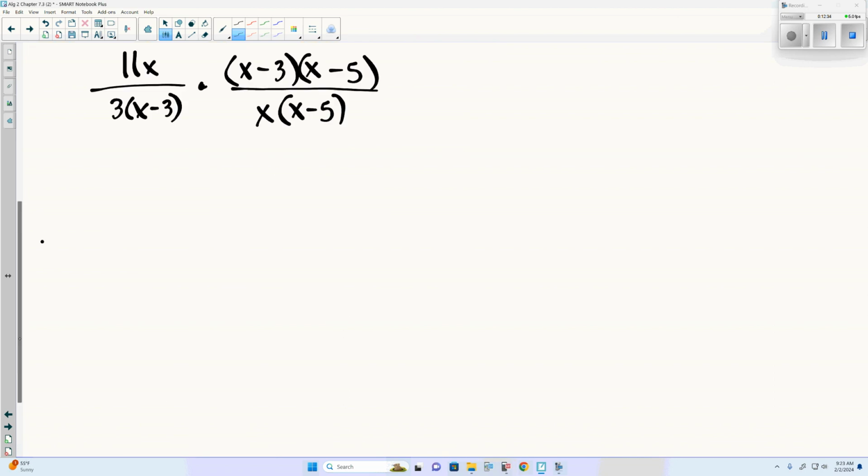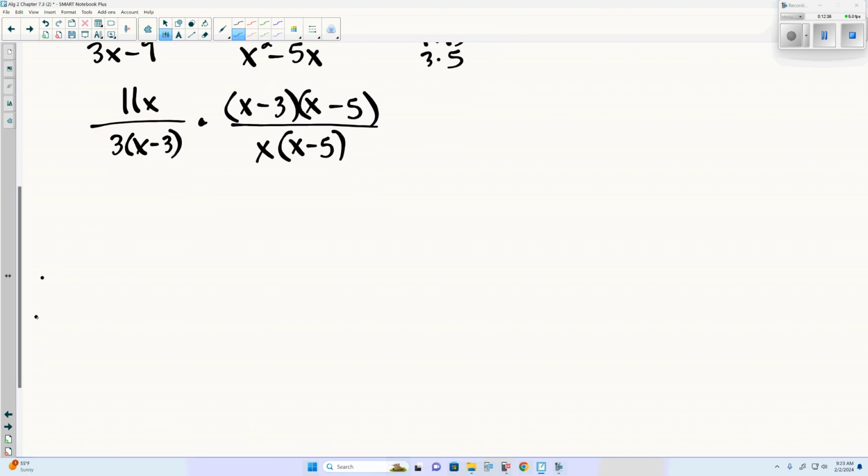Yes. Now, one thing I think I mentioned before, normally we wait to the end to simplify, yes? Do we have a common factor already before multiplying? Yeah. There's nothing that says we can't go on and simplify at this point.